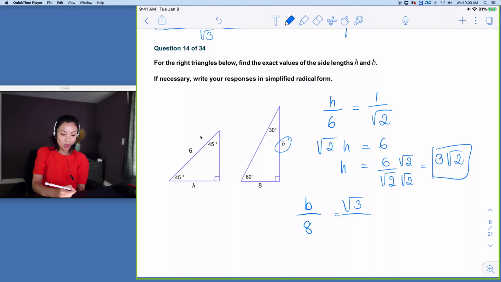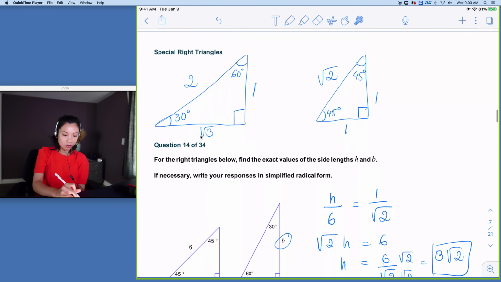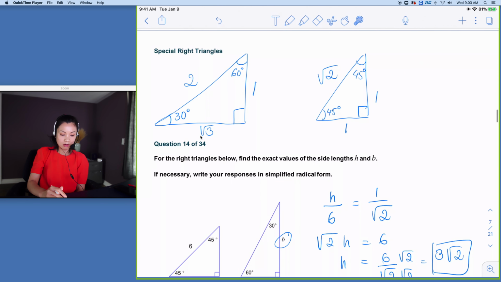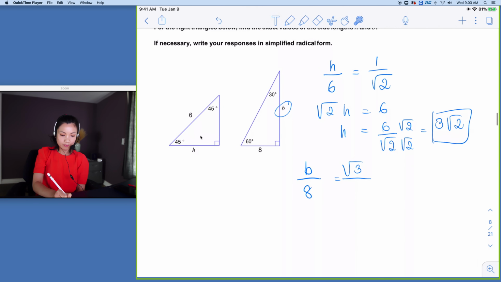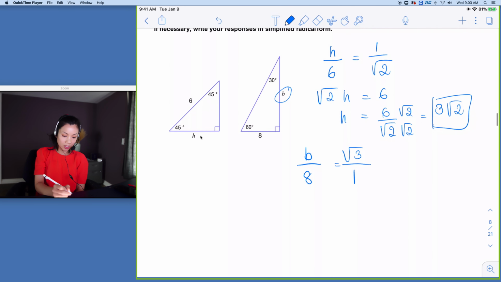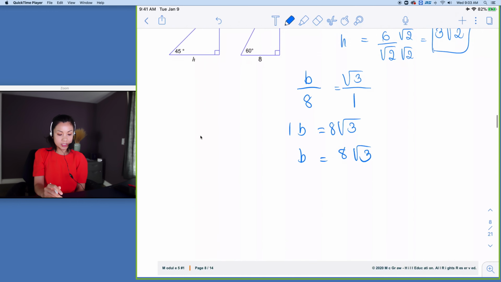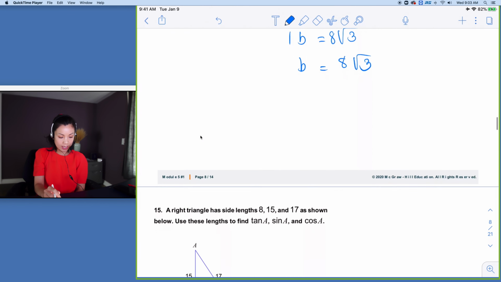And 8 goes with the 30-degree angle, and the 30-degree angle is 1. So you put 1. And once again, I can just cross multiply. 1 times B equals square root of 3 times 8. So B equals 8 radical 3. So that's how we deal with a special right triangle.